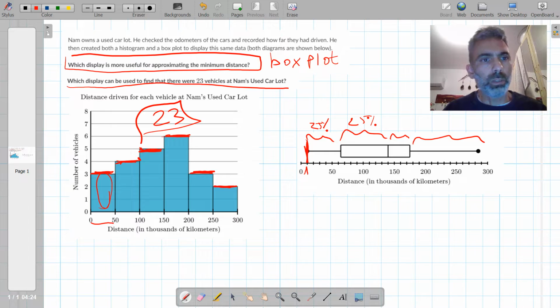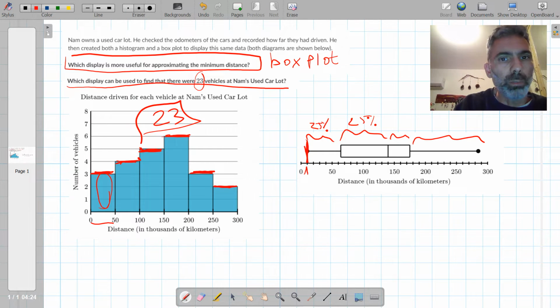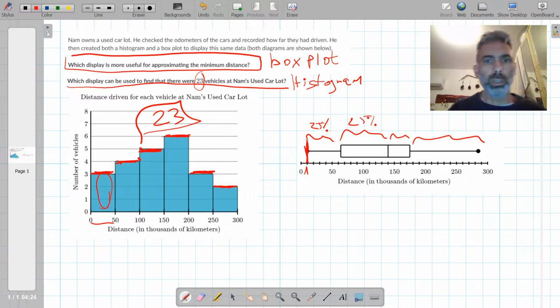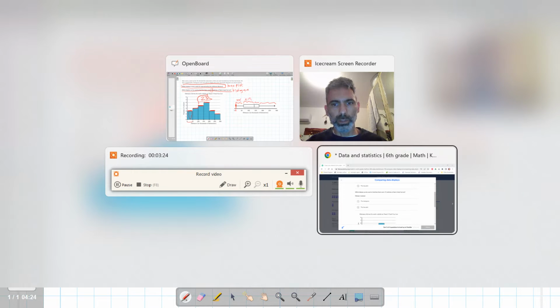So the box plot is not good for finding out exactly how many data points are represented in the graph. So as for the second question, the histogram is the graph that is useful to answer that question. So let's see if this is correct.